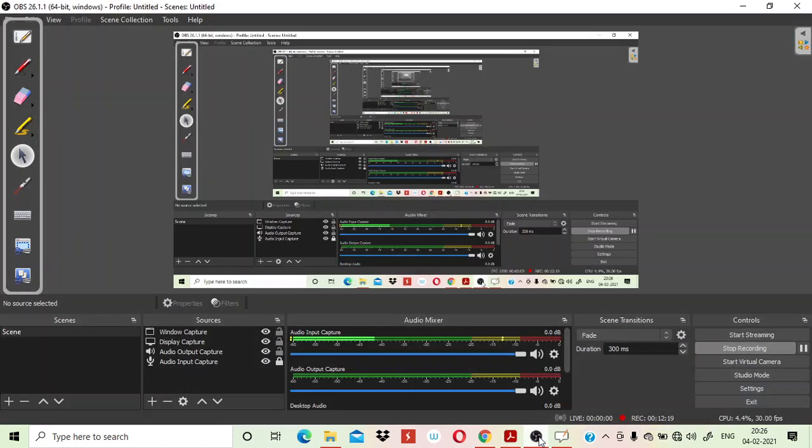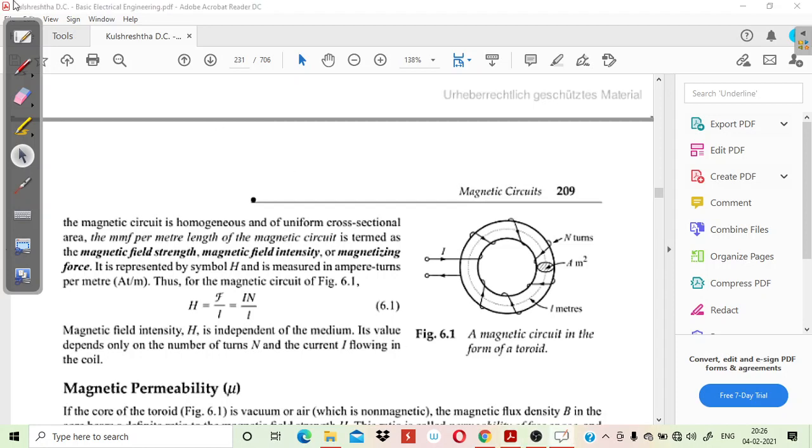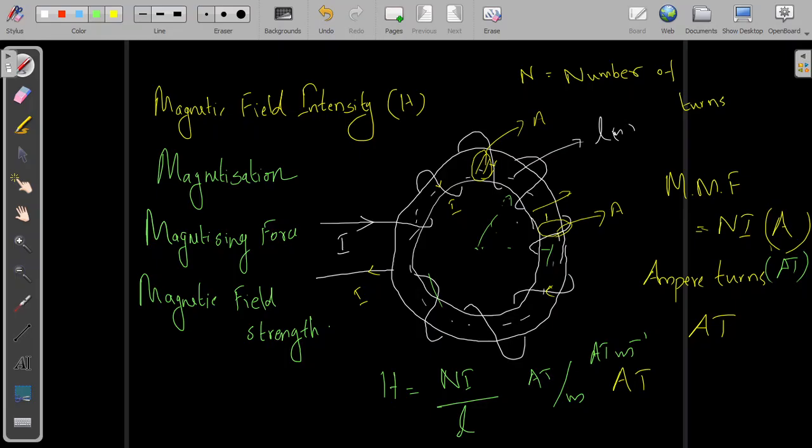That means if you want to increase the magnetic field intensity, or magnetizing force, inside this toroid, you have to increase the number of turns, or increase the current magnitude, or do both, or decrease the length of the toroid. So that is the magnetic field intensity.